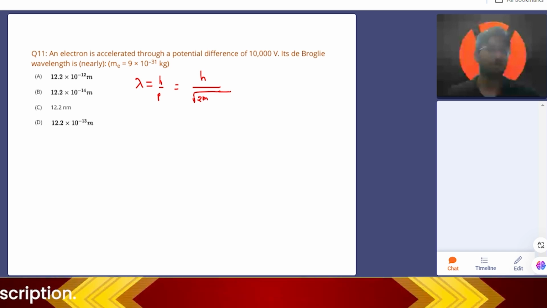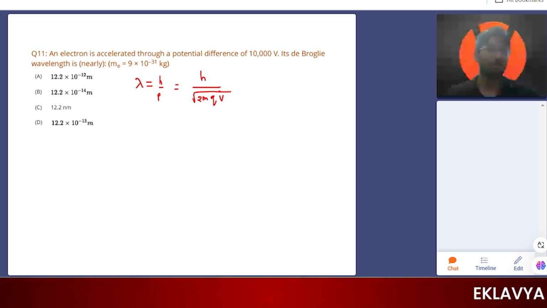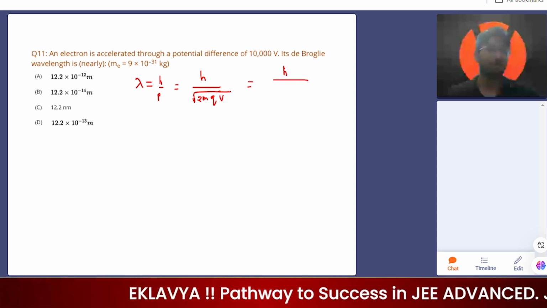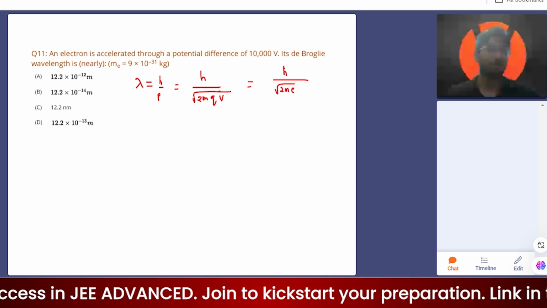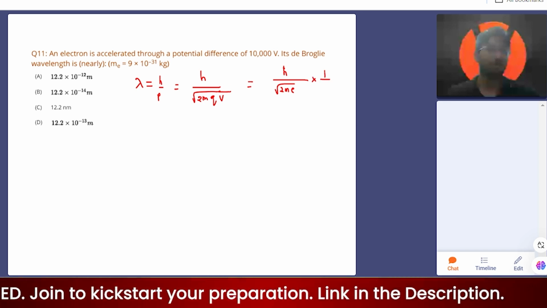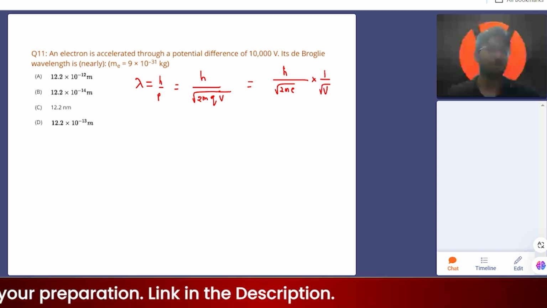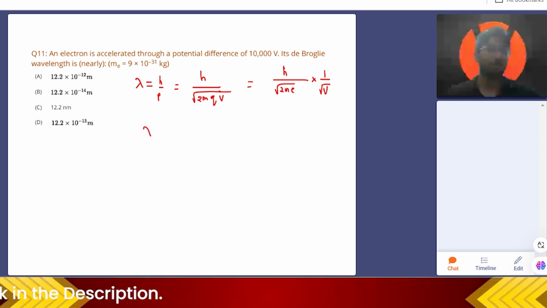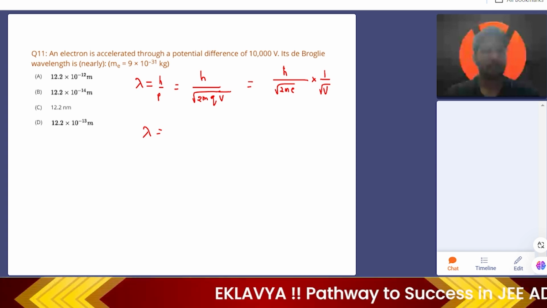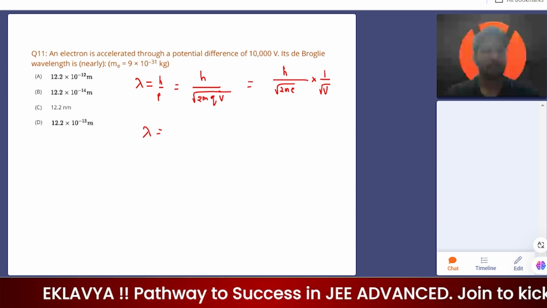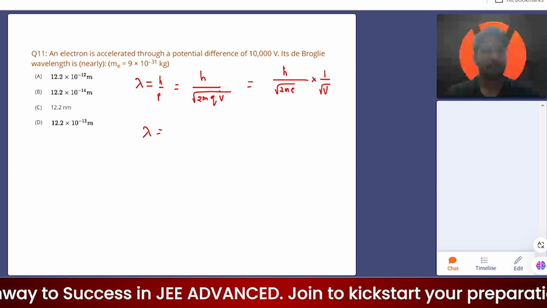Kinetic energy in terms of charge and potential difference will be QV. So here, this entire quantity is h by root 2m into the charge and the potential difference, root V. This overall value, if we calculate, shall become equal to 1.27. Let's just calculate that value. I'm putting it in the calculator.